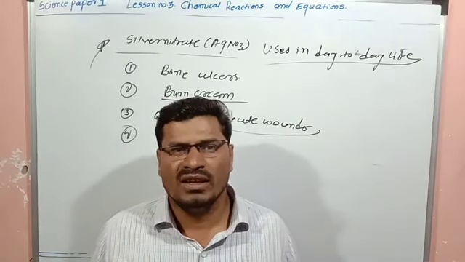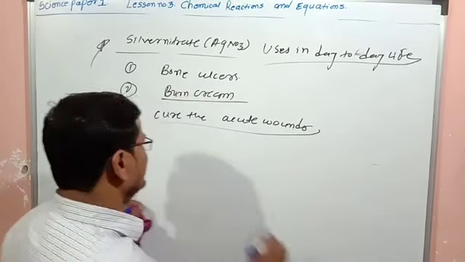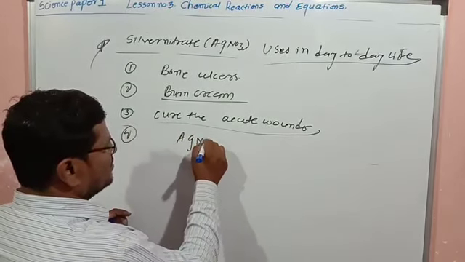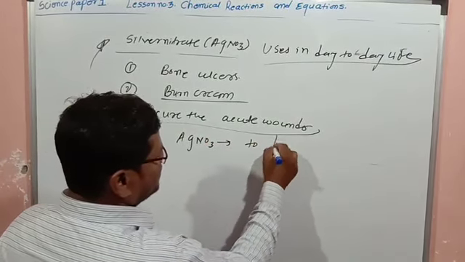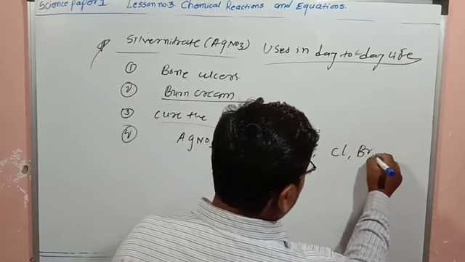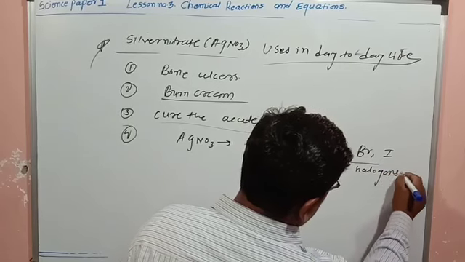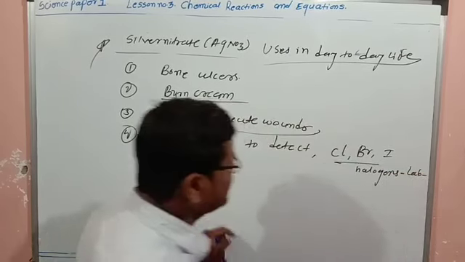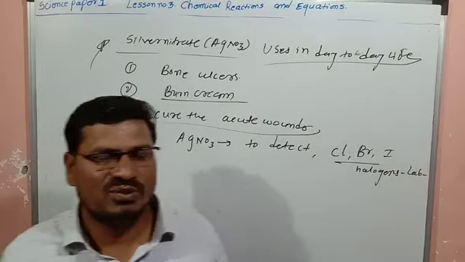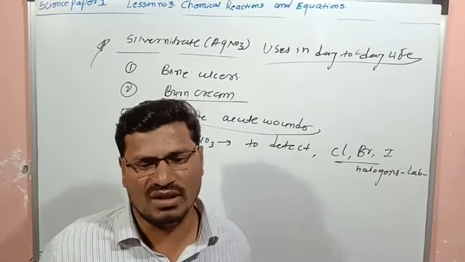Next, silver nitrate, AgNO3, is used for detection of chlorine, bromine, iodine, that is halogens, in the laboratory.